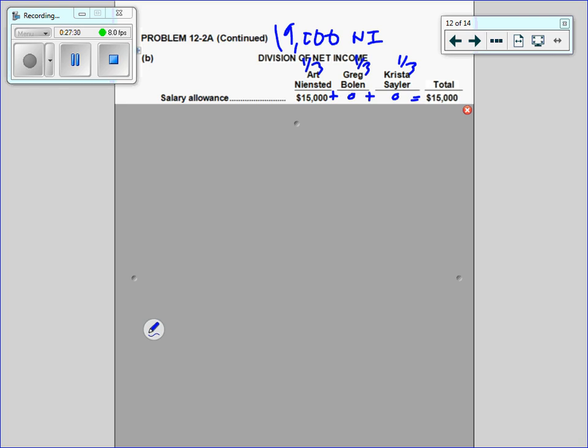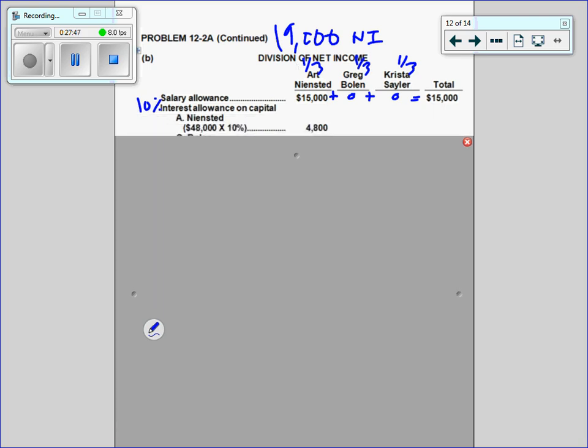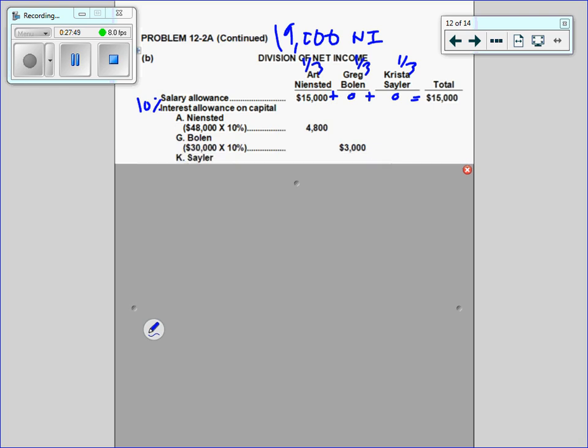On a schedule, you always begin with a salary balance or allowance if there is one. Then you get into the interest allowance on capital. In this scenario, they said 10% for each partner. So if you recall where we got those numbers, it's the 48, it's the 3,000, and the 2,500.